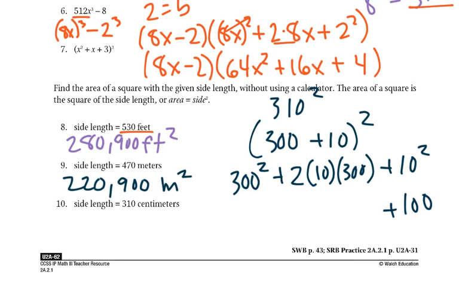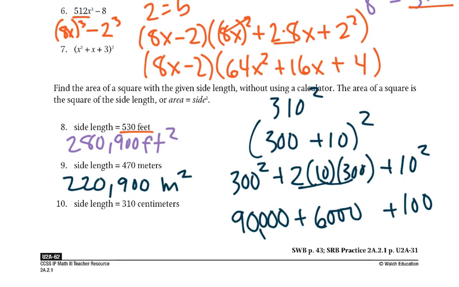300 squared is going to be 90,000. Right? Yeah. Then 2 times 10 is 20, or we could go 10 times 300, that would be 3,000, times 2, that would be 6,000.